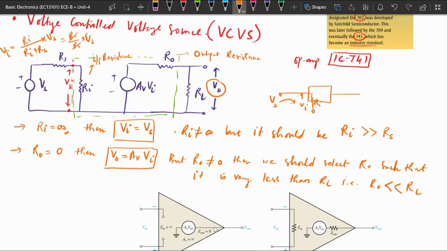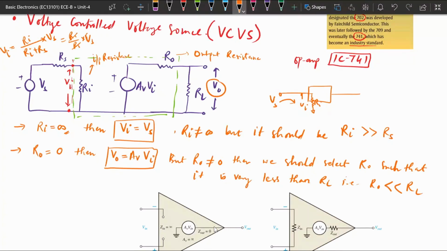So this is our voltage amplifier equivalent circuit representation, and from this concept we can analyze that the input resistance should be very high compared to the internal resistance, Rs, of the source we are applying to the circuit.